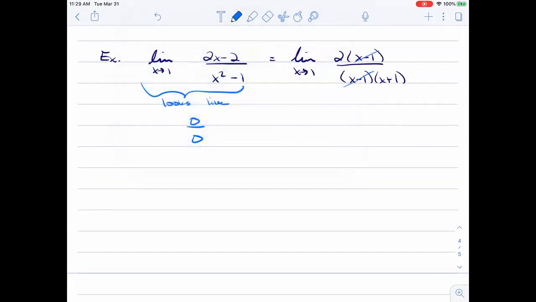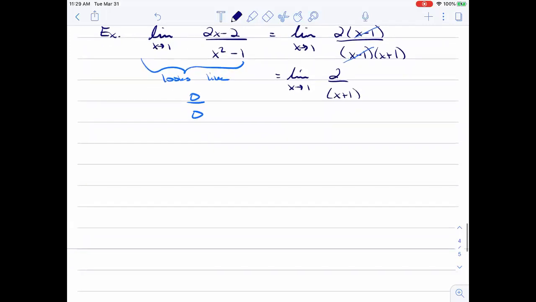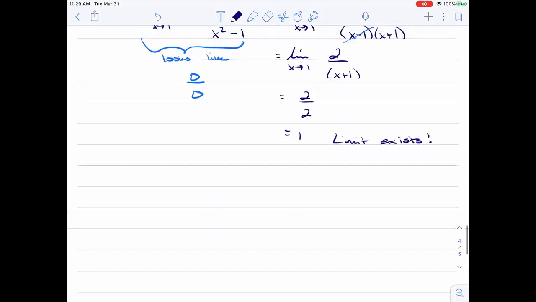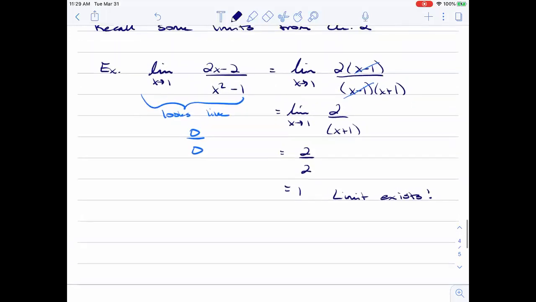This x minus 1 can cancel with this x minus 1, and so then I'm left with the limit as x approaches 1 of 2 over x plus 1, which we would just put as 2 over 2, which is 1. So the limit exists, right? And so these are the methods that we developed in chapter 2.